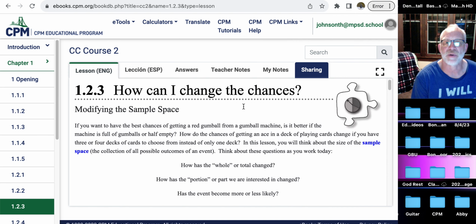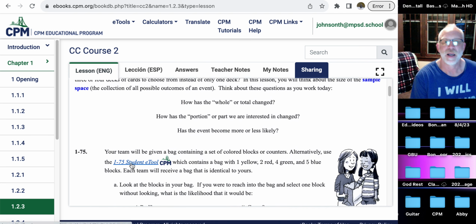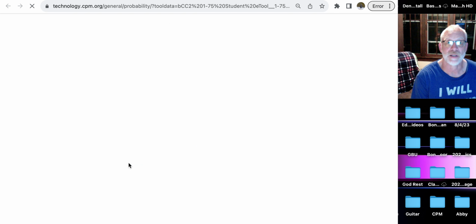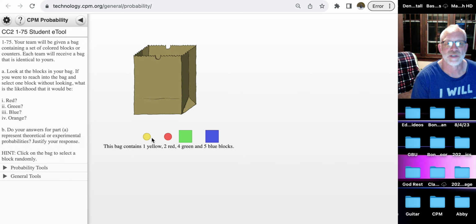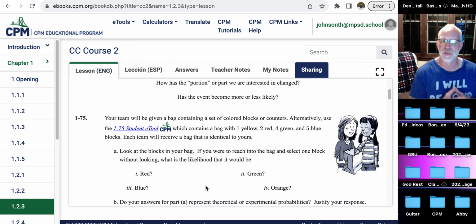So the first thing that we're going to do is give you blocks. And the blocks are going to be in a bag. And here's a student tool right here that we could access. So this bag has 1 yellow, 2 red, 4 green, and 5 blue. And then the first question that comes up: look at the blocks in your bag.